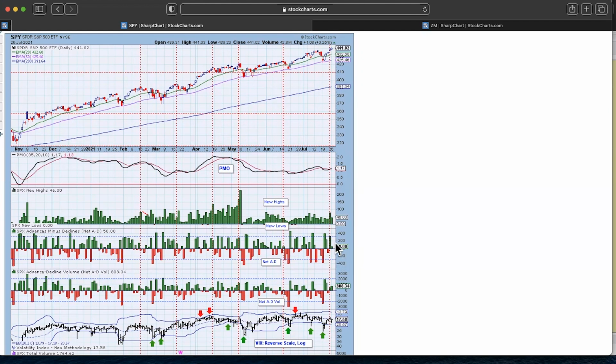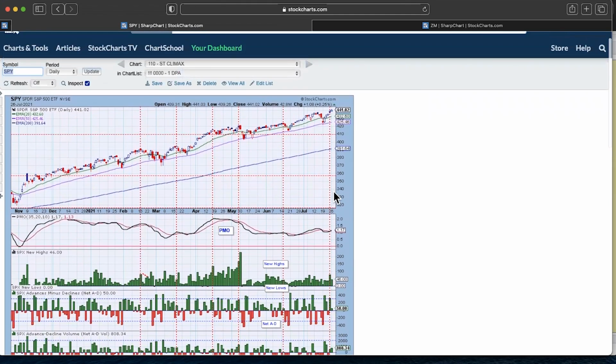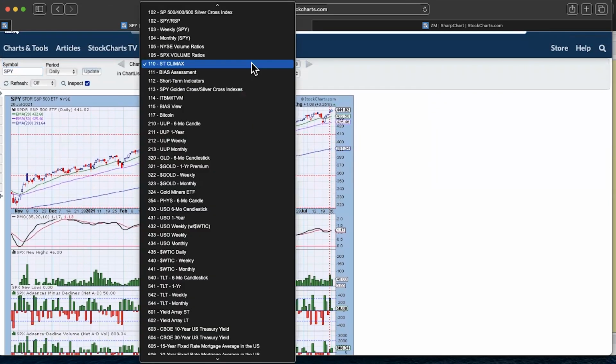And, you know, we had that on Friday, but we really didn't get any confirmation. We did get some nice pop on new highs, but we didn't get confirmation as far as our net AD volume was concerned and our volume ratios, which also help us with determining whether we're having a climactic move.